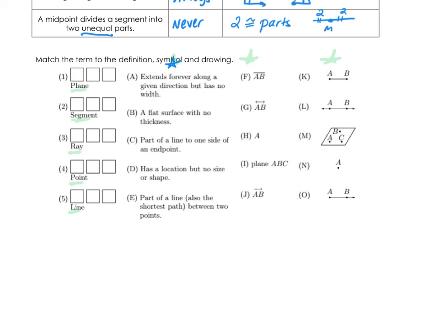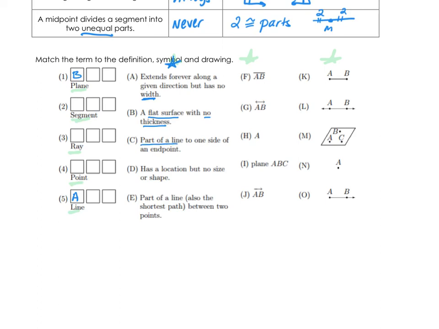All right, so for A, it says it extends forever along a given direction but has no width. So extending forever, it could be a plane, it could be a line. It's saying that it has no width to it, so that's going to be a line. A flat surface with no thickness is a way to describe a plane.